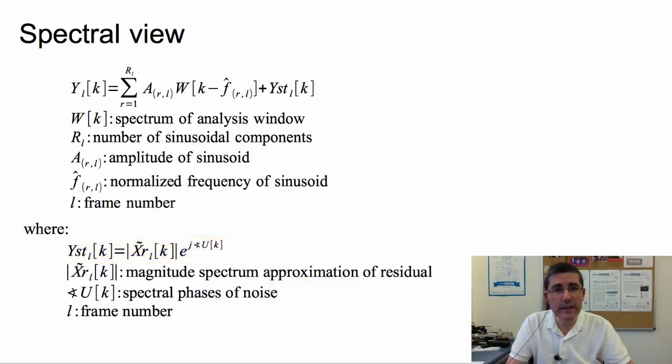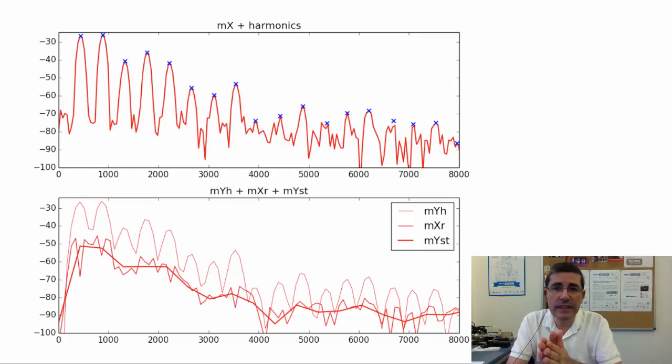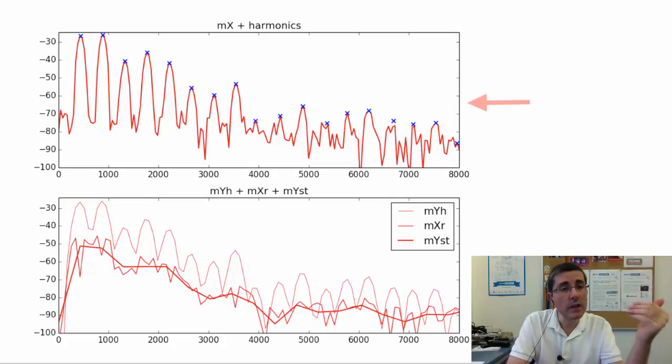Okay, so with these we can actually see how in a single spectrum we perform this stochastic approximation of the residual. We start on the top with the magnitude spectrum of a signal, the harmonics, and then below, the light red is the synthesized spectrum, the MYH, and then this is subtracted from the original spectrum.